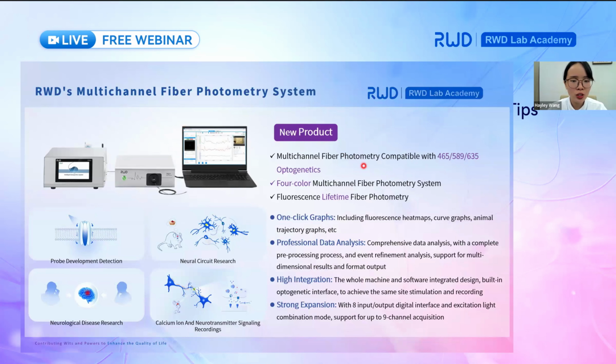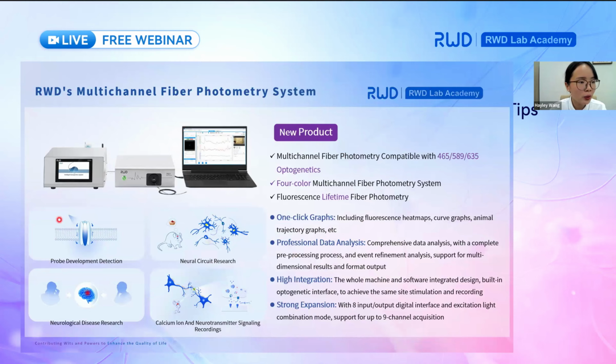Fiber photometry offers clear advantages for in vivo neural recording, including high sensitivity, good specificity, flexible integration, and relatively low complexity, making it a practical and reliable tool for many research scenarios.